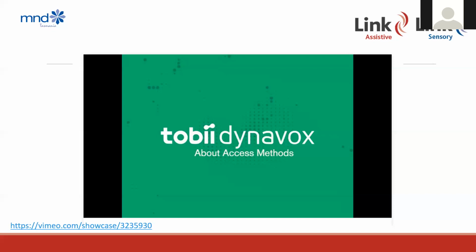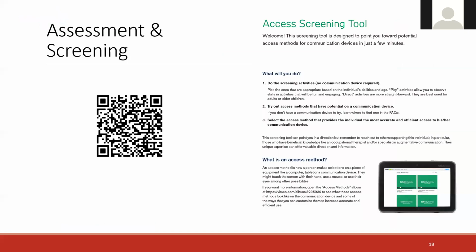A really valuable resource for this is the access screening tool, a PDF document available online that gives you a framework and structure for making decisions about the most suitable access method for somebody.